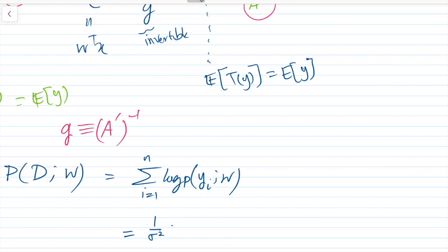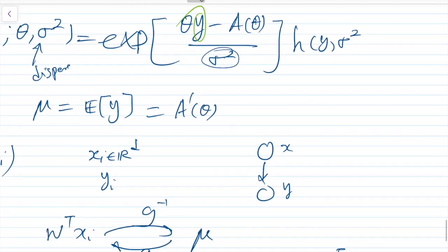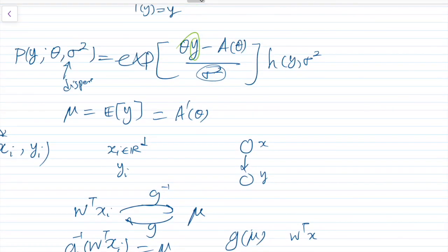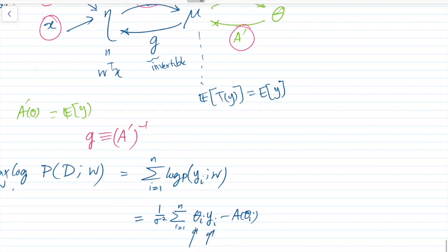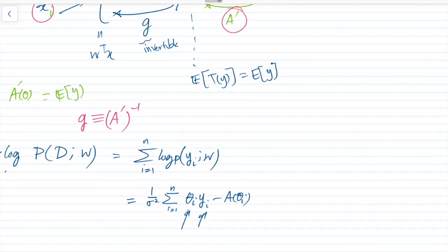I can write it as a sum over all of my data, with theta i and yi. Pay attention: this is my observation, but I'm also indexing theta with i, because theta is a function of my data. Every time I get a sample, that changes my theta, so it has to be indexed by my observation.